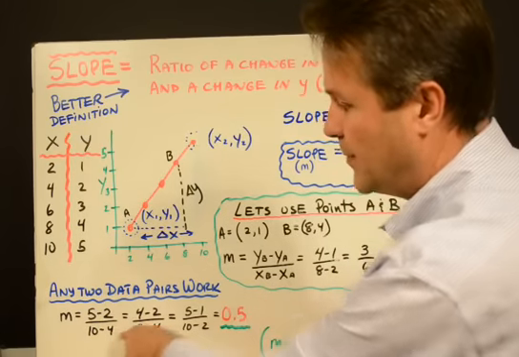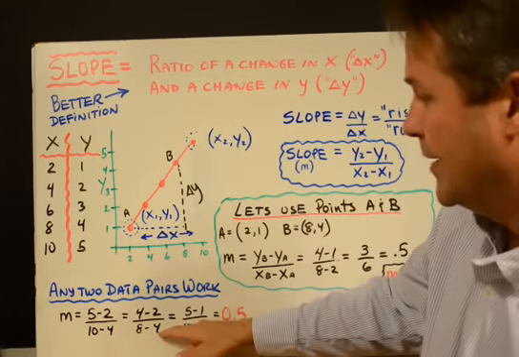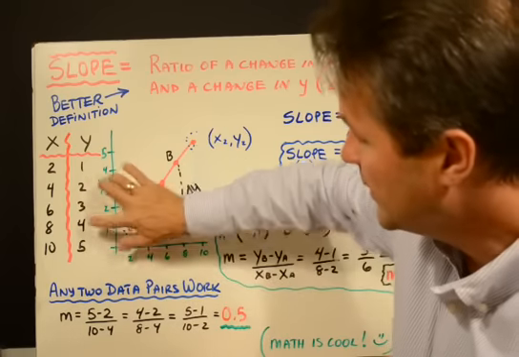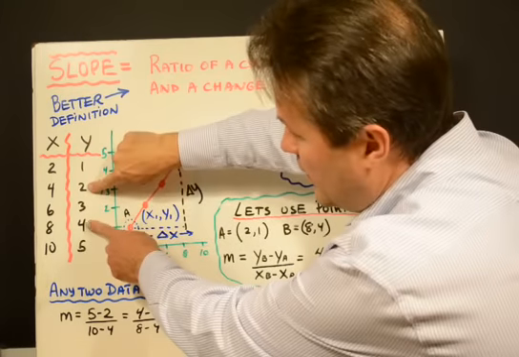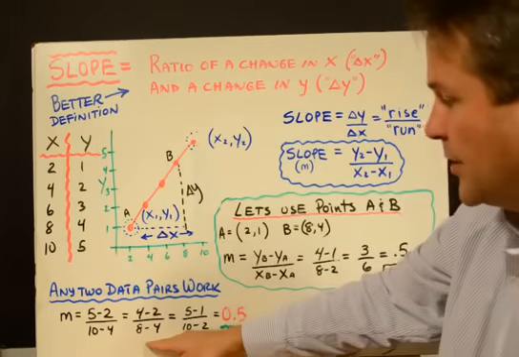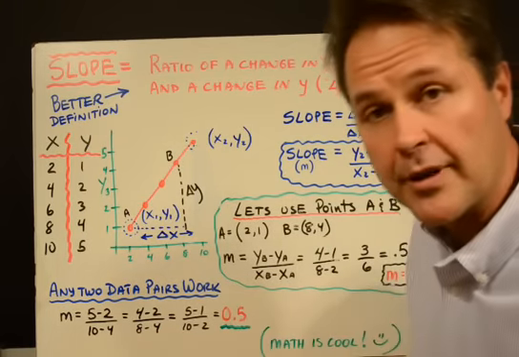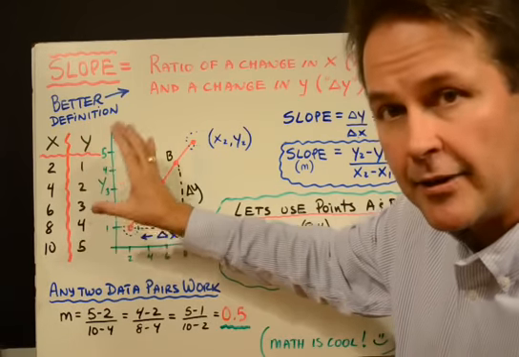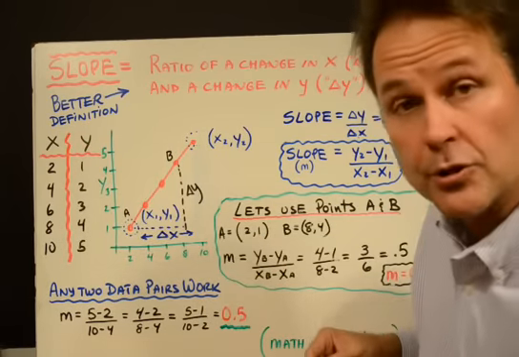So 5 minus 2 divided by 10 minus 4. Another set of data, going from this to this, these two data points right here, is 4 minus 2 divided by 8 minus 4, and that also gives you 0.5. And then there's a third example there. So any two pairs of data in your data set can be used to figure out the slope of the line.